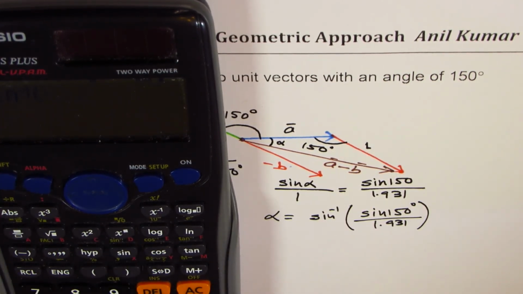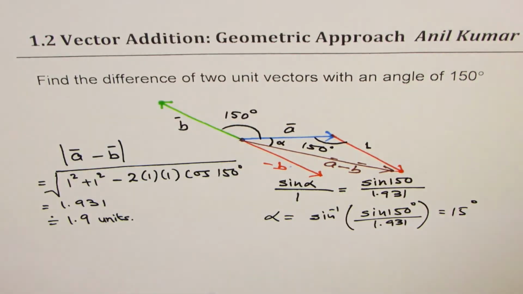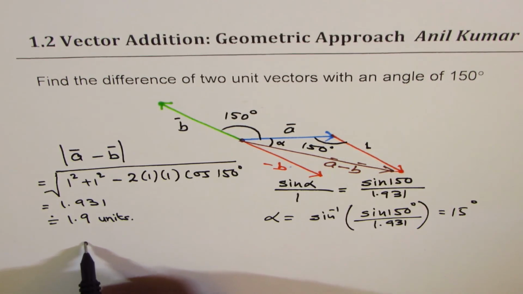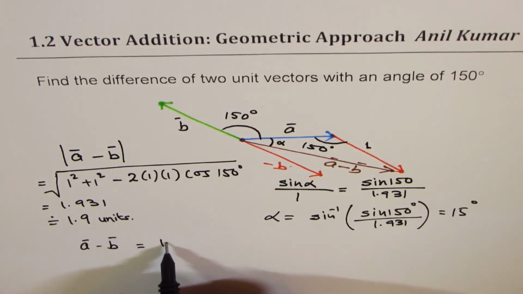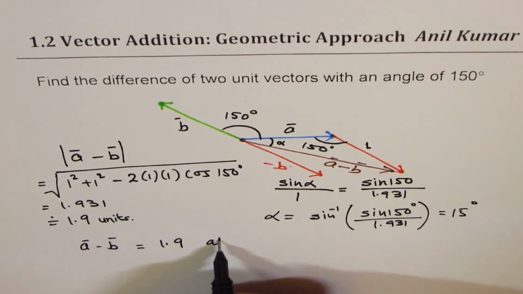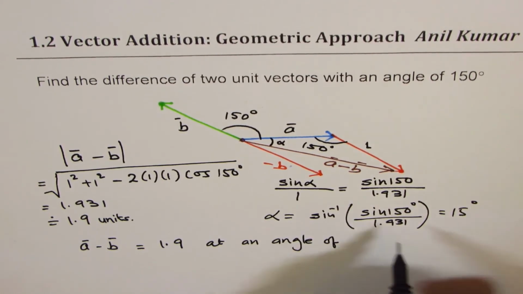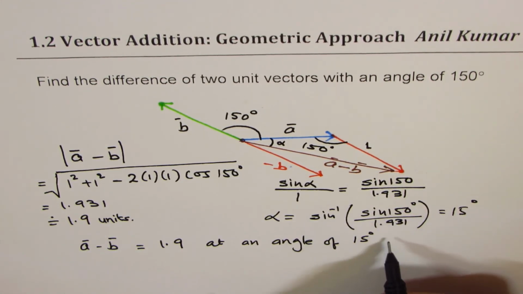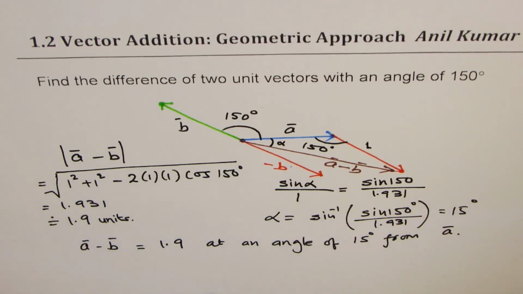Sine inverse of our answer is equal to 15 degrees, right? So now we can write down the answer as difference, that is vector A minus vector B, is 1.9 at an angle of 15 degrees from A, correct? As shown in the diagram.